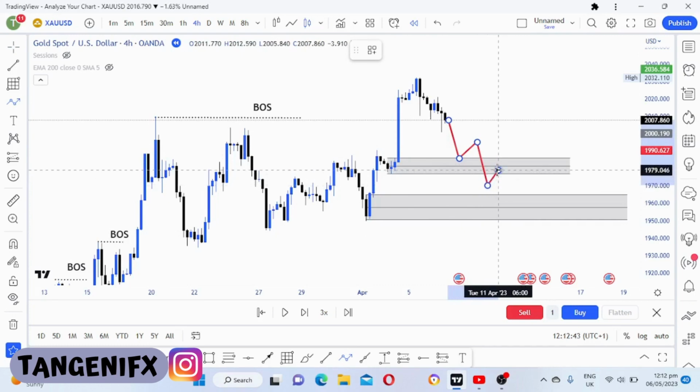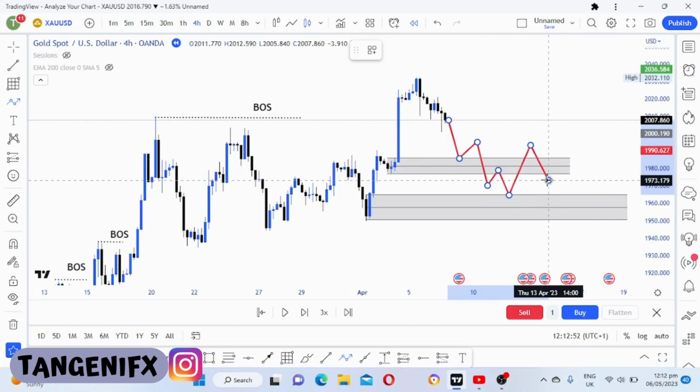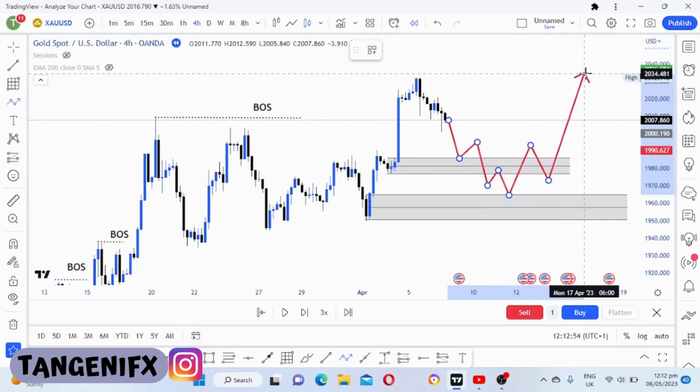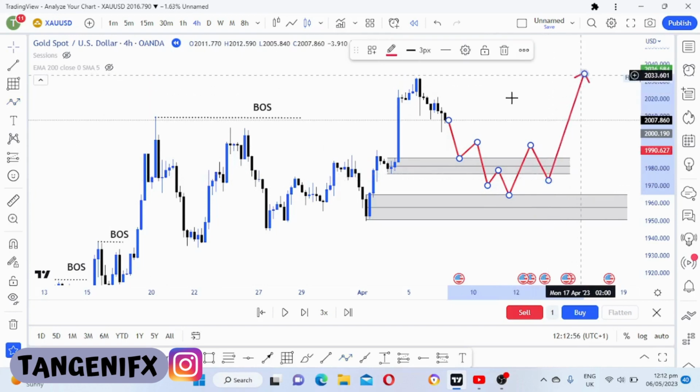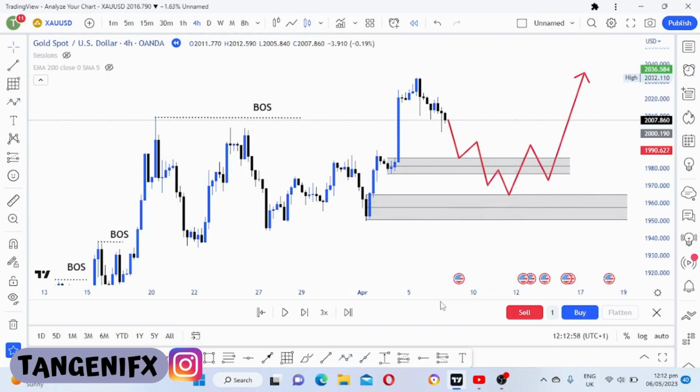For price to come to the second zone, and you wait for a change of character, and then you wait for price to come back, and then you enter.